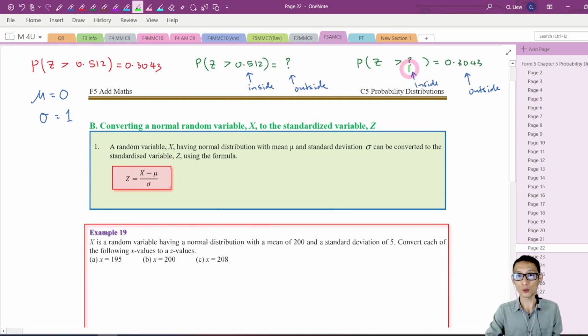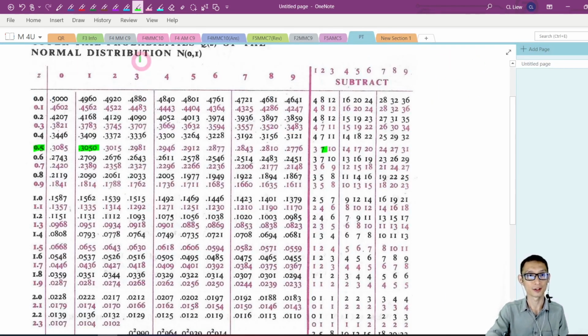If for this situation we want to find the value for inside, start from inside. Look at this one first. Find the value which is exactly the same as what we want. If we don't have it, we just find a value that is slightly greater than the value that we are searching for.